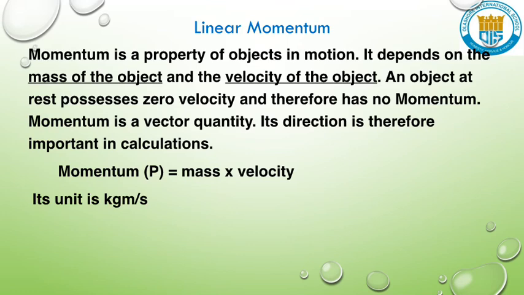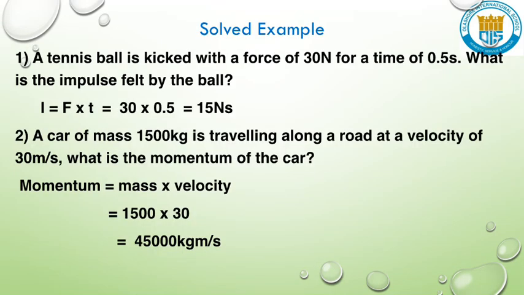The units for momentum is also gotten from the formula. The formula is mass times velocity. Therefore, unit is kilogram meter per second. Let's solve some simple examples with regards to what we have looked at so far.